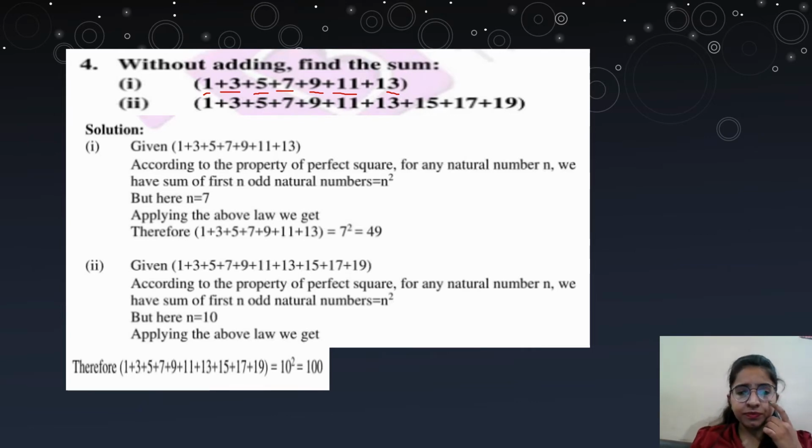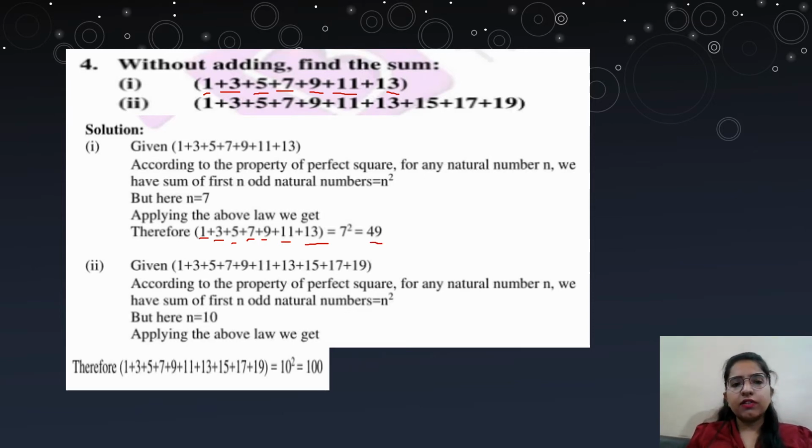What you have to do is squaring. Count the numbers: 1, 2, 3, 4, 5, 6, 7. And you have to do the square of 7. Square of 7 is 49. So this will be the answer.